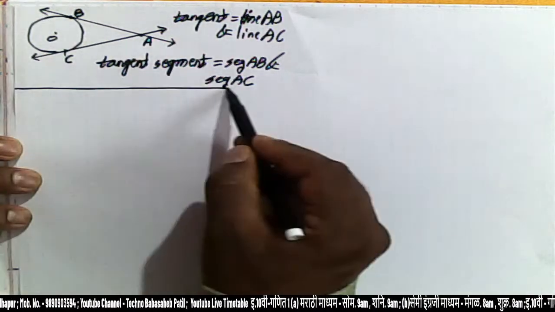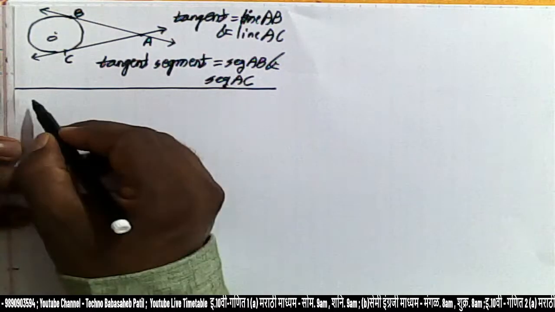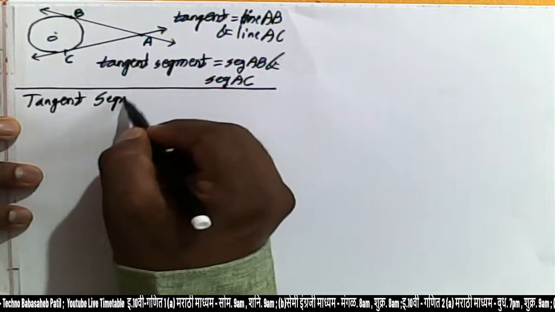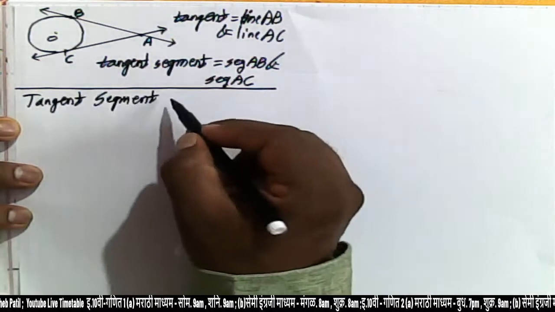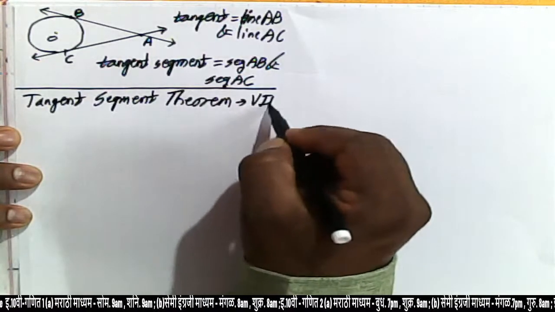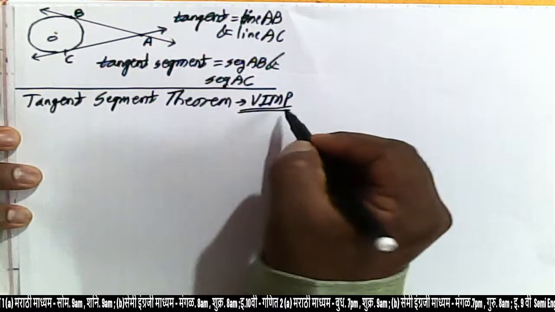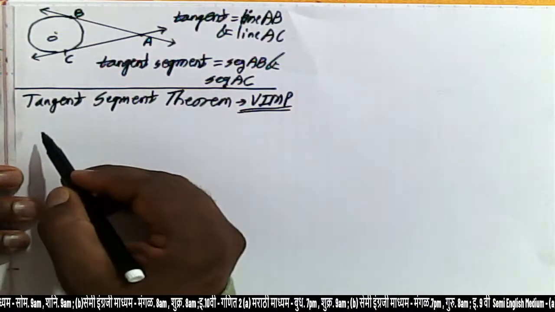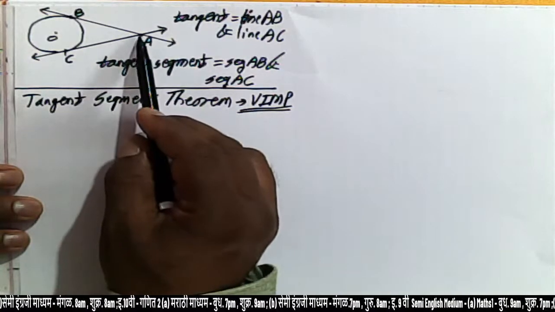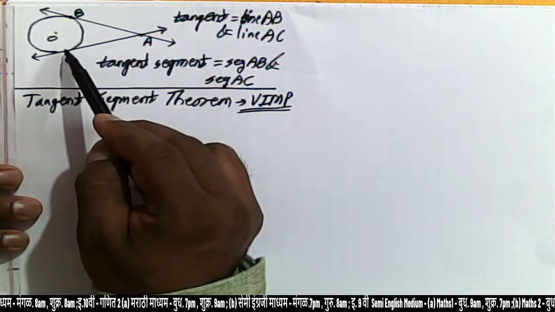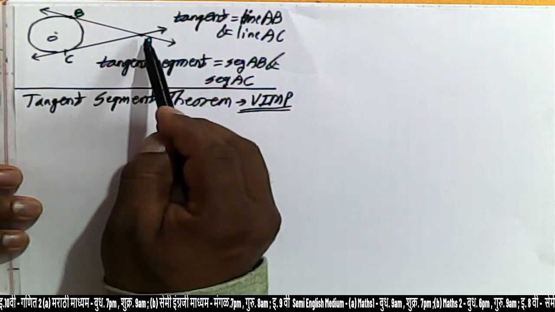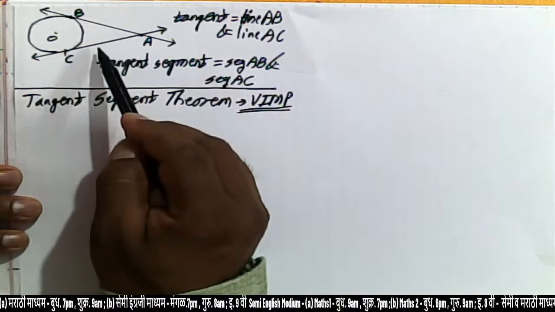And here we get one theorem, the tangent segment theorem. This is a very important theorem asked in board questions. Tangent segments drawn from an external point to a circle are congruent.